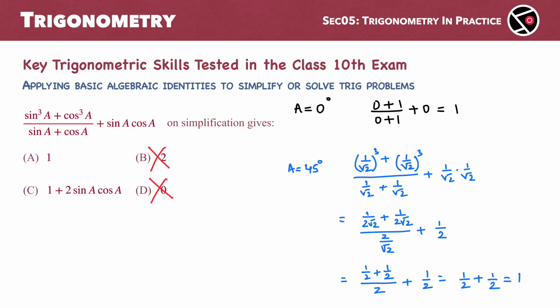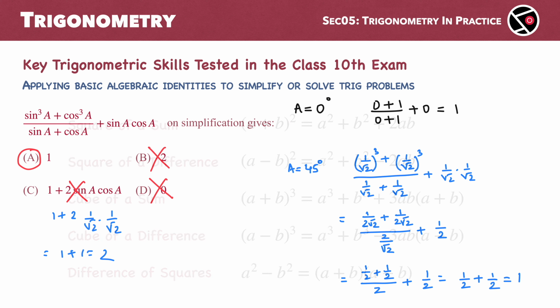But option C, at A equal to 45 degrees, gives 2. So we can safely eliminate C. We are left with only one option, option A. A is our choice.